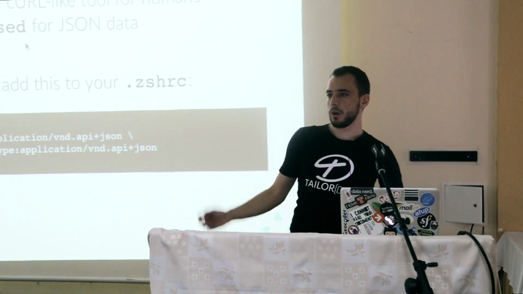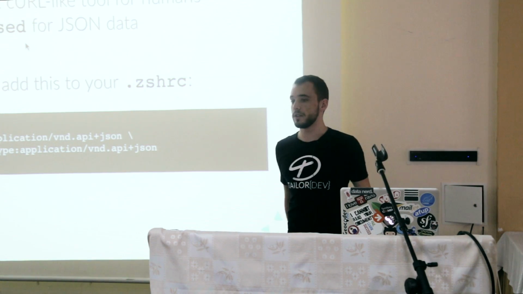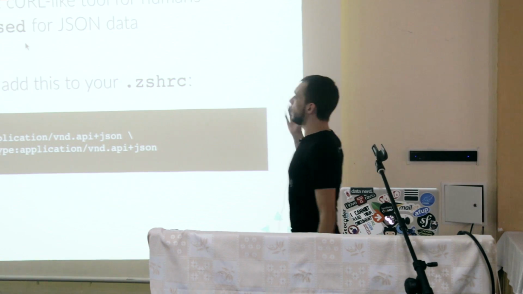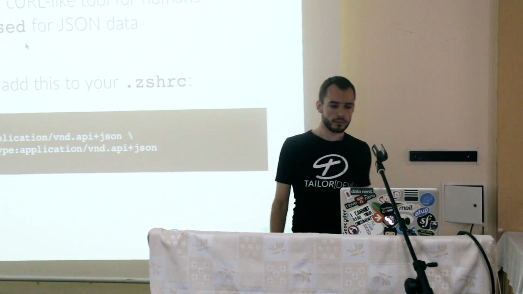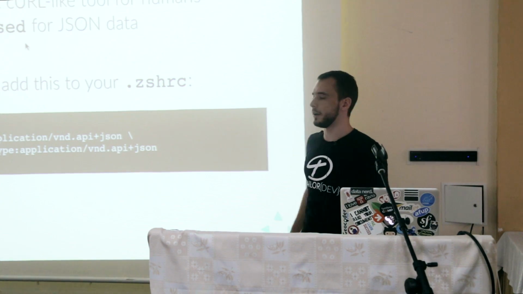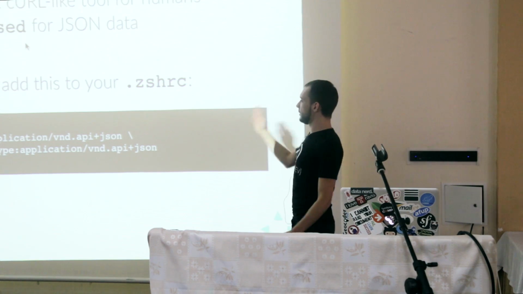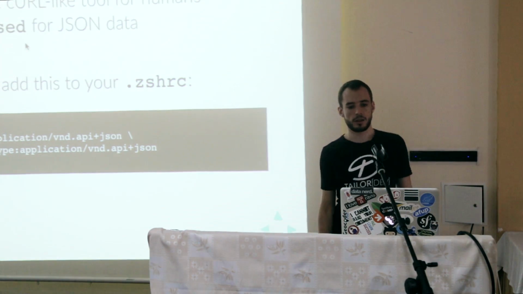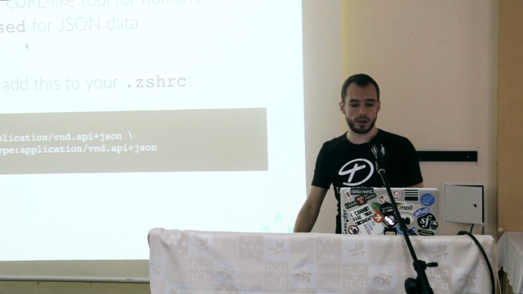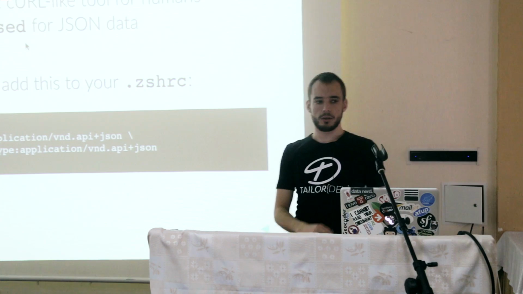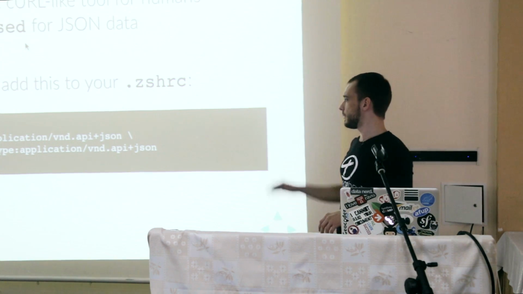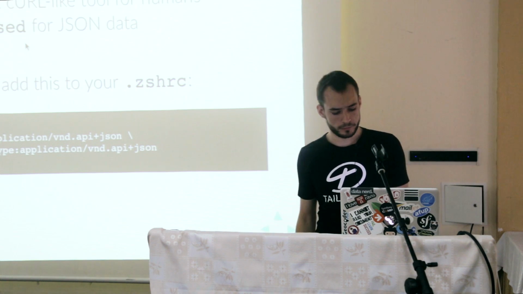It's a way of walking through a whole JSON document, but easier. And if you want to use JSON API, because you have to set the proper headers, like accept and content type headers, what I used to do is to put this in my ZSH file, so that I type jsonapi instead of http, and then I don't have to type the headers that are always required.